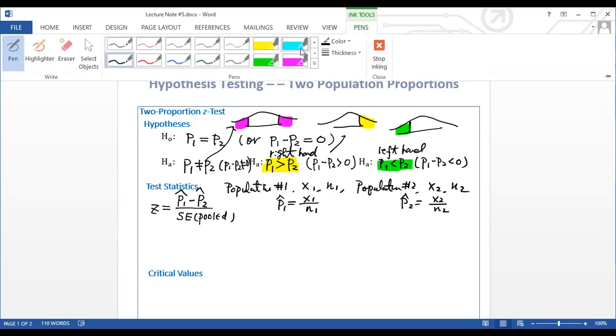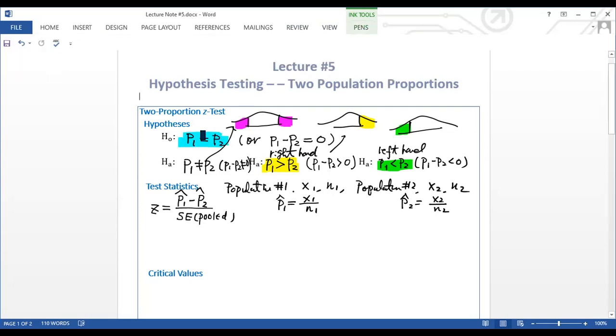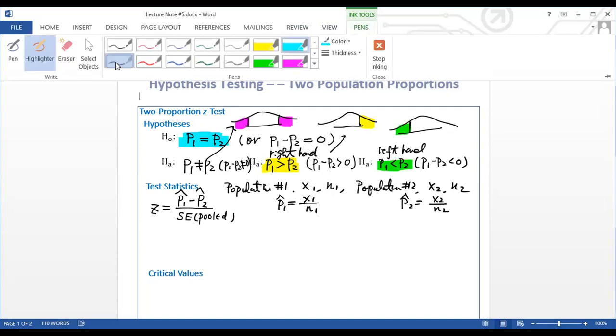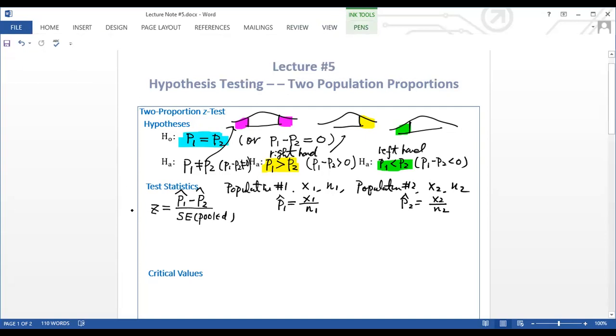This is an important concept, because we are testing P1 equal to P2, so we need to pool these two populations together. That's why we call this the P hat pool, and this pool will be X1 plus X2 over N1 plus N2.